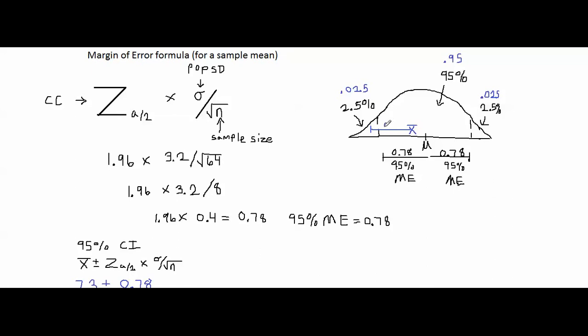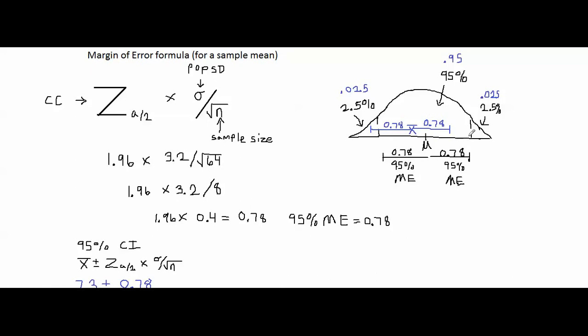The confidence interval does cross over the population mean, because if my sample came from this middle 95%, that means that my sample mean is close enough to the population mean for the population mean to fall inside of the confidence interval.